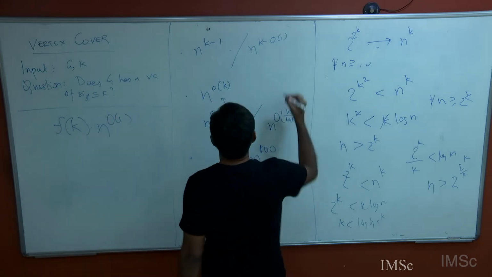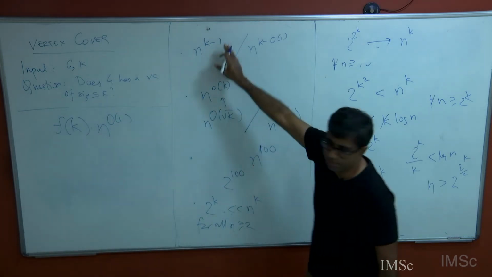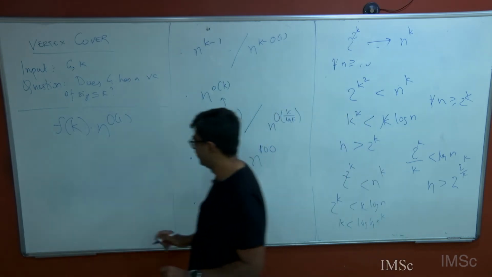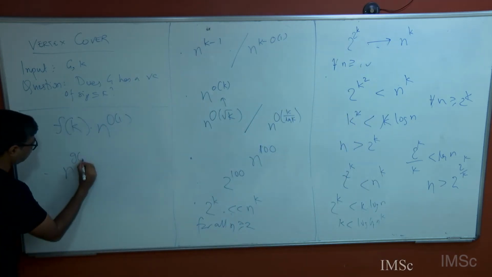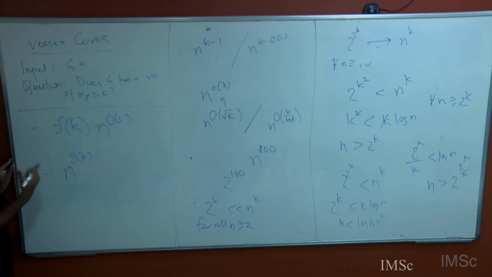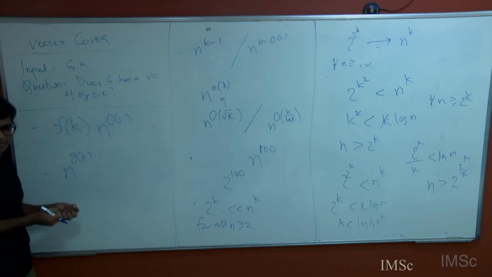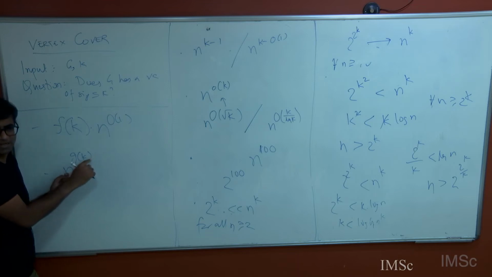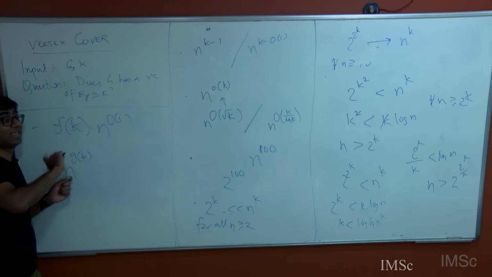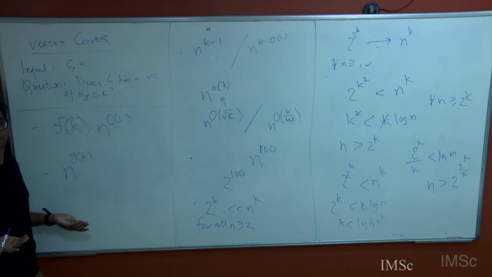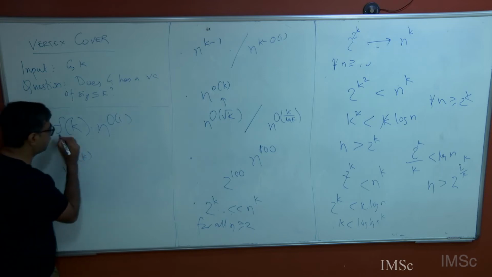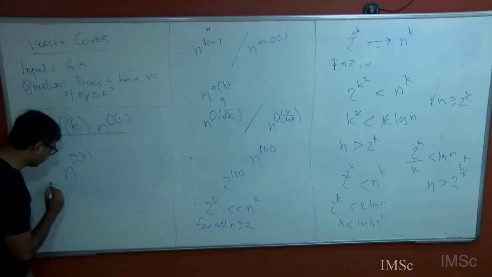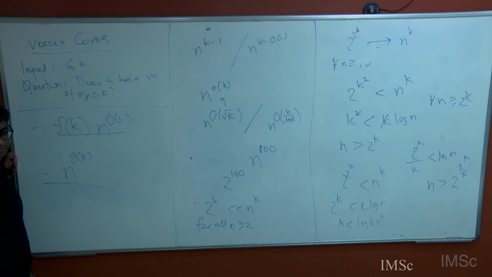Why n to the power k minus 1? We could allow any n to the power g of k. Maybe for vertex cover it was k, but in other settings maybe k squared is better, or n to the power 2 to the power k is better, or that is what we are able to achieve. So maybe this is a good running time for some problem.